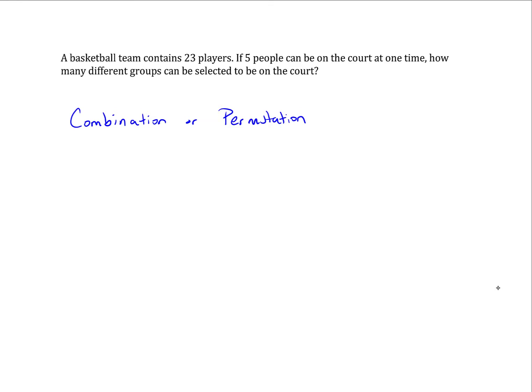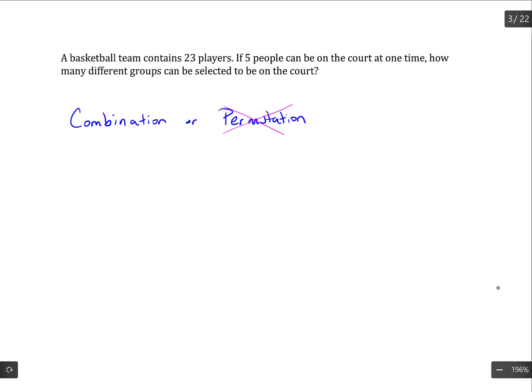Because of the 23 players, each of those 23 players could potentially play specific positions that they're best at. But we're not really told any of that information. So I think the best that we can do in this case is use a combination. Just assume that every player can do each job.